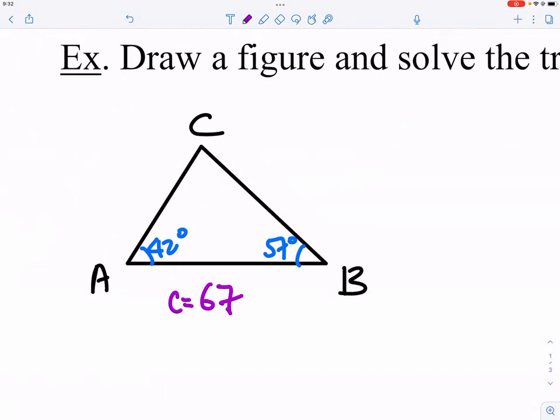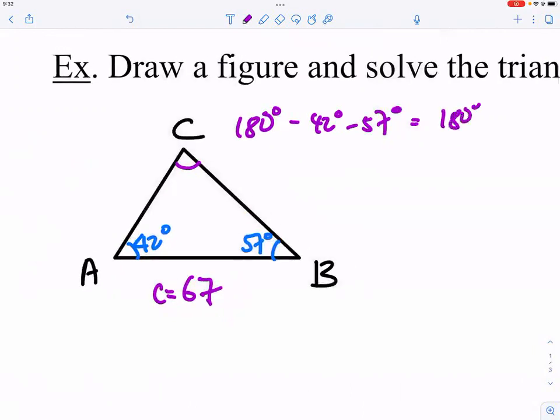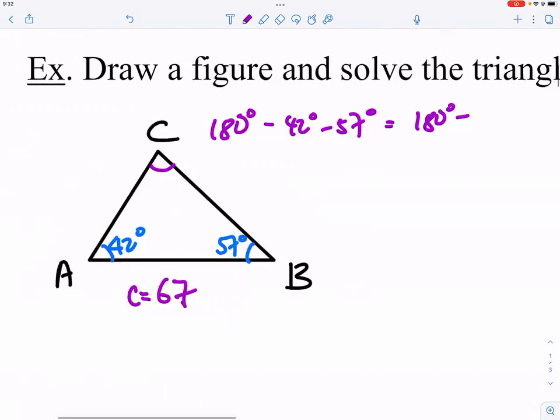Angle C is what? 180 degrees minus 42 minus 57. So that gives you 180 degrees minus 99. So that means the angle here will be 81 degrees.